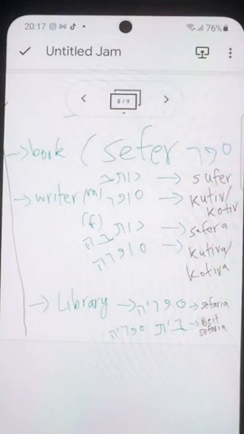So I just write Sheen and Bet. So I just write like Sheen and Bet. That's it. Oh, okay. Now I see it.